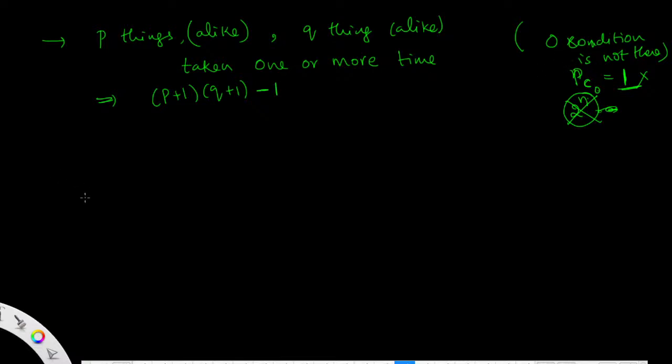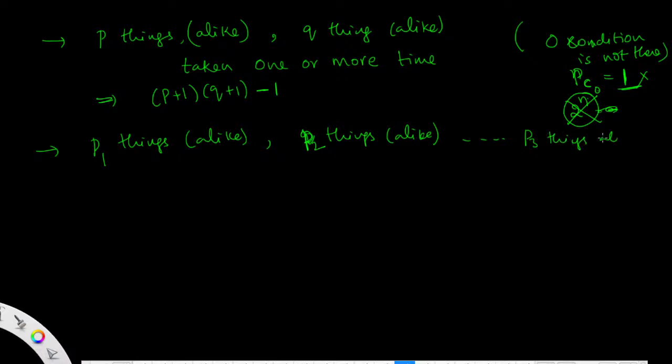In the same way, P1 things are alike of one kind, P2 things are alike of another kind, and so on, Pk things are alike of the last kind.